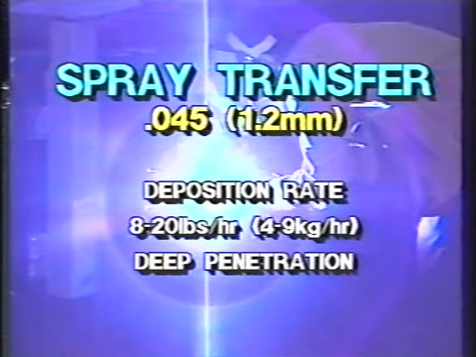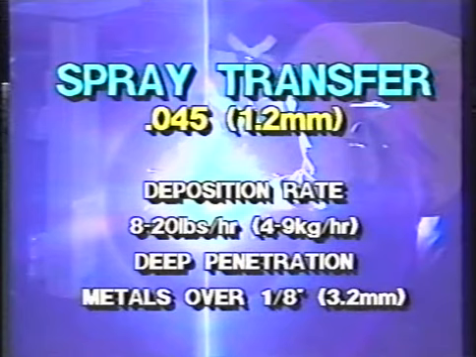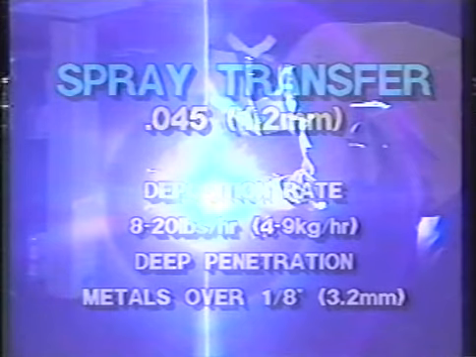The application range for spray transfer is 1/8 to almost any thickness. But remember, when utilizing spray transfer, it's a hot process. The radiation is high. You need good protection for not only the hands, but for the neck and for the body. And ensure you use a correct lens for spray transfer.